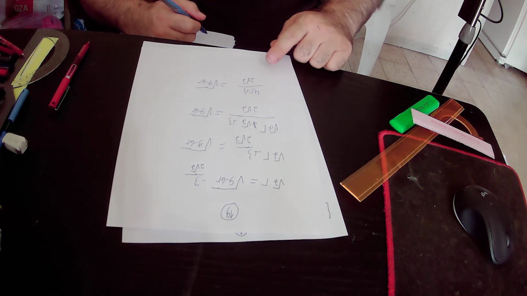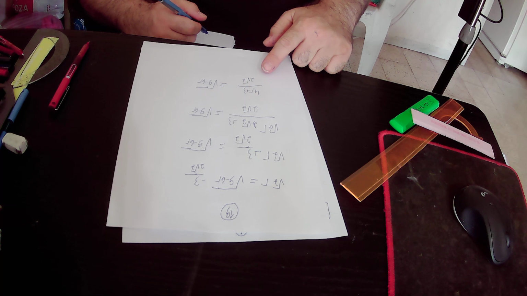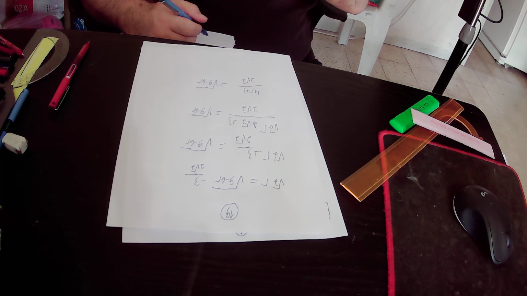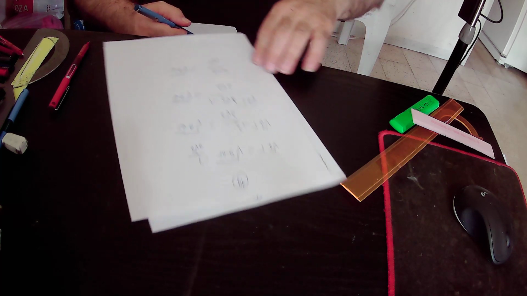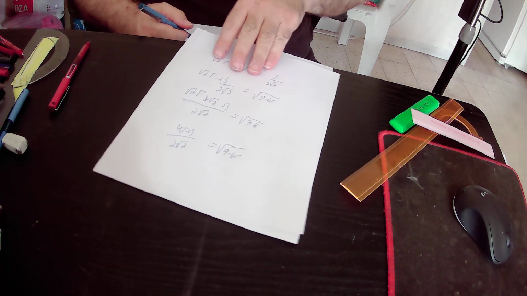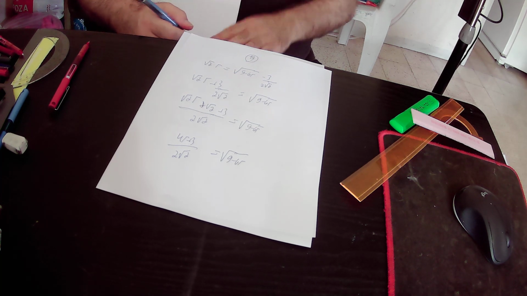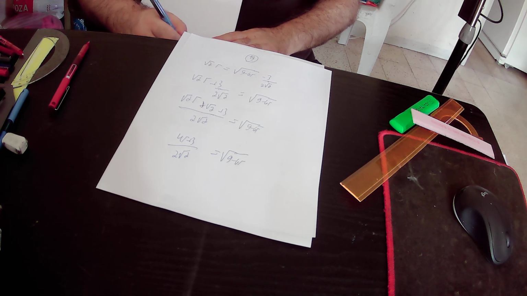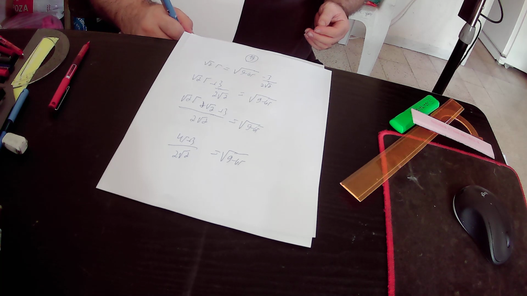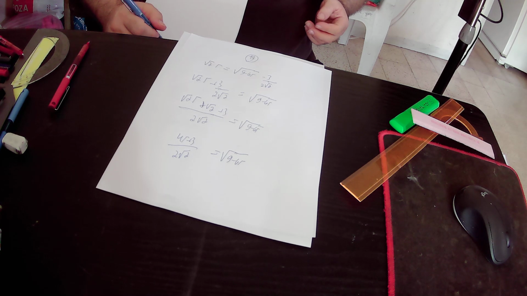So here we will square this equality and we will get that (4r plus 3) squared over (2 times root 2) squared, which is 8, equals the square of a root. The square and the root cancel each other.